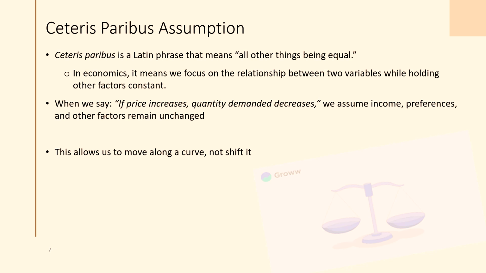For example, when we say that an increase in price leads to a decrease in quantity demanded, we assume that all other factors, such as income, preference, and expectation, remain constant. This assumption allows us to move along a curve rather than shifting the curve. Without this assumption, it would be very difficult to analyze cause and effect relationship in economics.